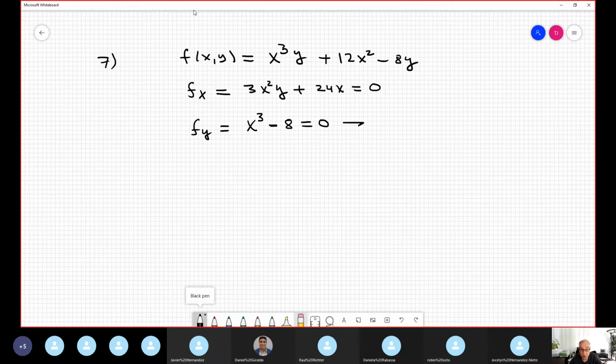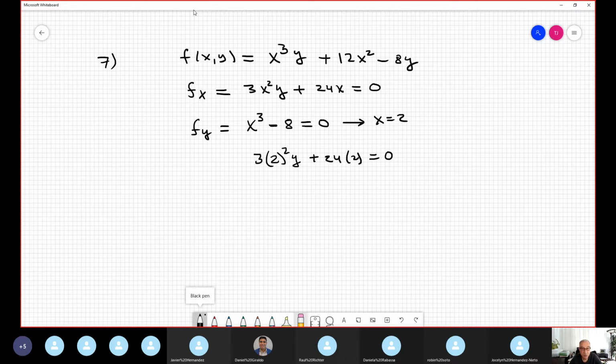Entonces es obvio que the solution for this is x equal to 2. Easy. Not complicated. Now plugging into the second equation, we have 3 times 2 squared y plus 24 times 2 should be 0.